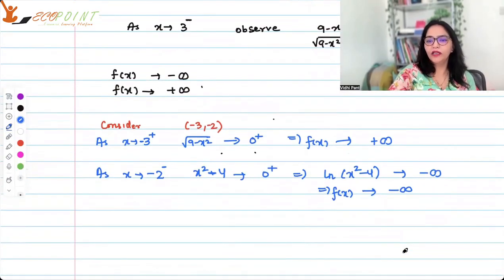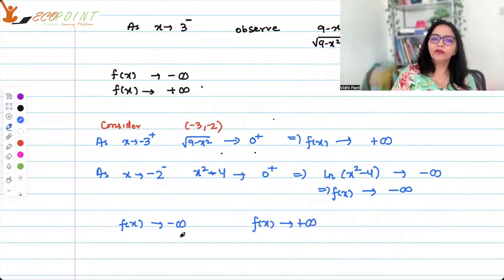All right. So again, what you are getting is that f(x) is tending towards minus infinity and f(x) is tending towards plus infinity. So you are generating values in between. So from here itself, you will be able to say that the range of this function should be minus infinity to infinity.